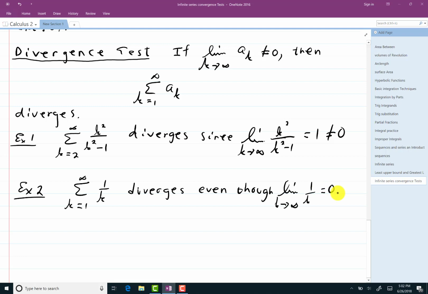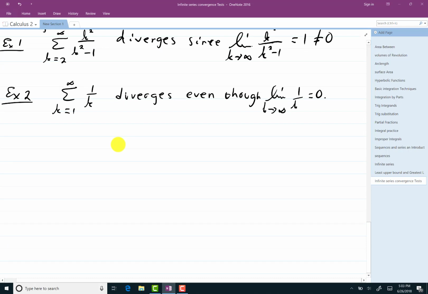So here's a series that actually does go to 0. The terms go to 0, but the series does not add up. It does not converge. So the converse, as they call it, of this divergence test is not true. If this equals 0, it does not imply that the series diverges.